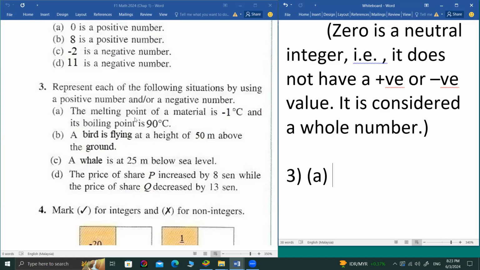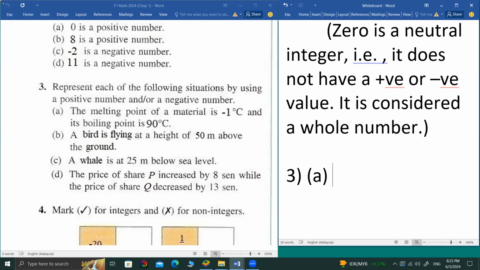Melting point means -1. Now, boiling point means positive 90. You can write down the positive or not. You got what I mean?